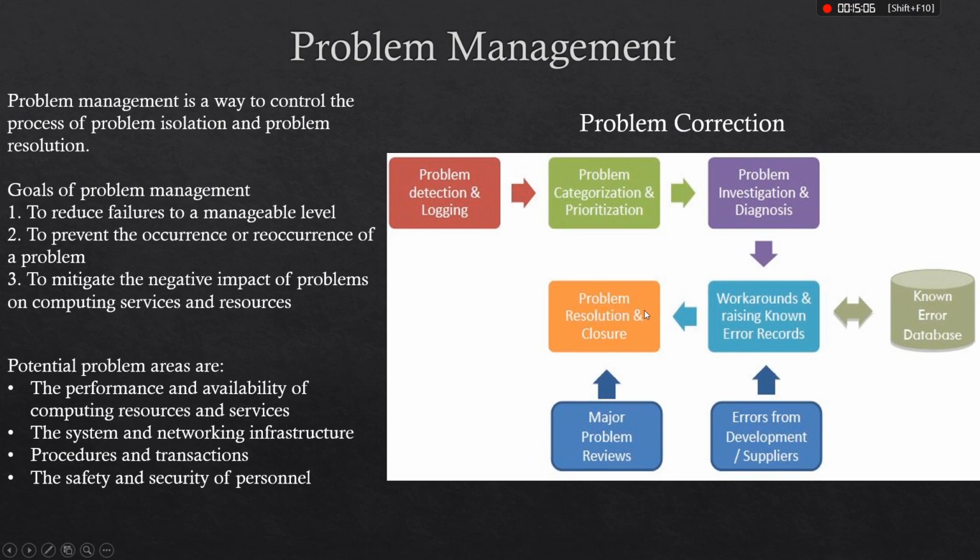And then we can have a major problem review, which just reflects on how this problem occurred and how we can prevent it in future instances. And that is the end of auditing.